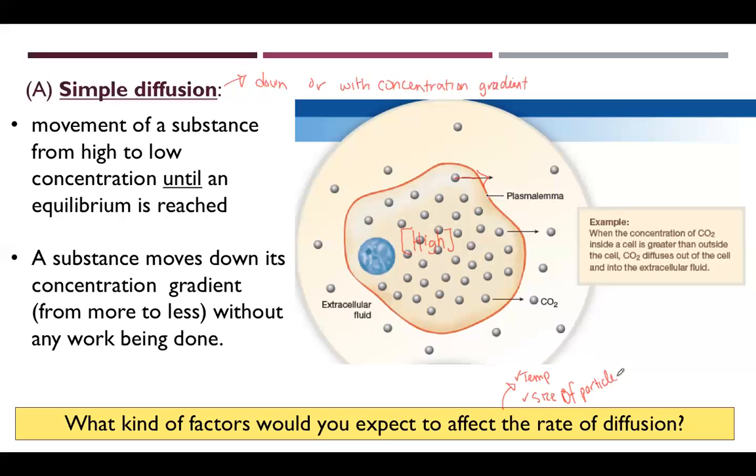The bigger they are, the slower they're going to be diffusing across the phospholipid bilayer. The last thing that might affect is how great or how steep that concentration gradient is.